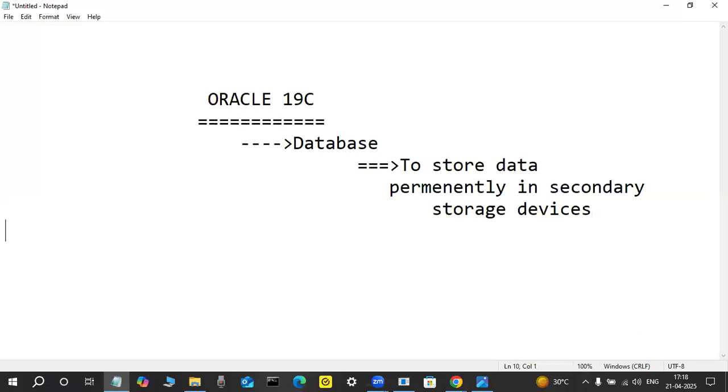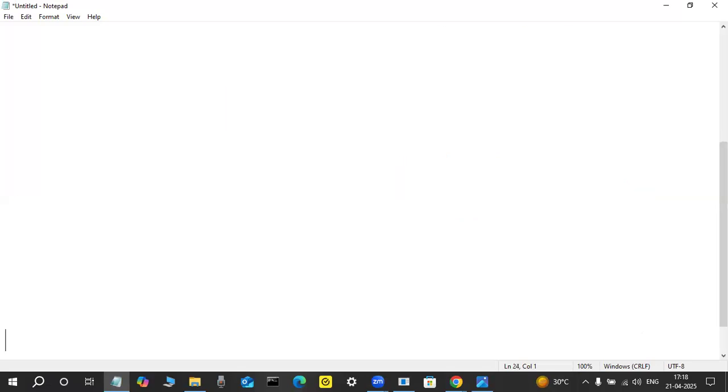Now check it out. Concentrate here. Suppose your company data, or any employee joining in a company, sales details, transaction details, railway reservation, flight reservation, bus reservation. All these details are stored somewhere, so some place is required, or not? Yes, permanent.